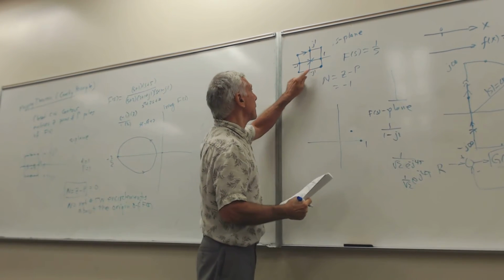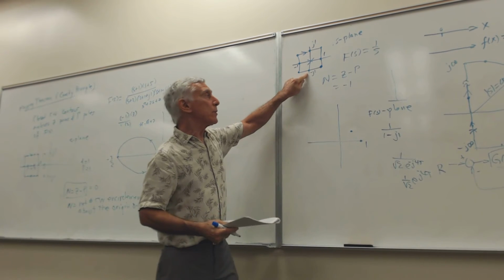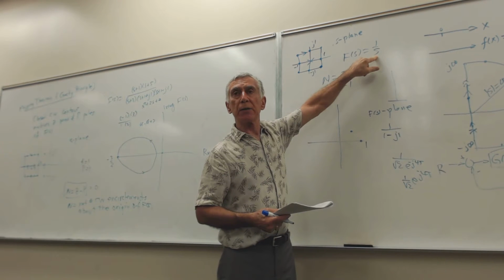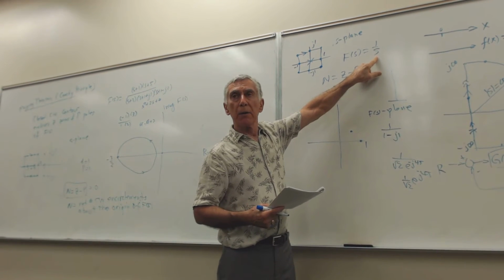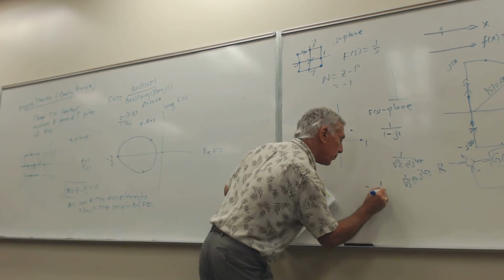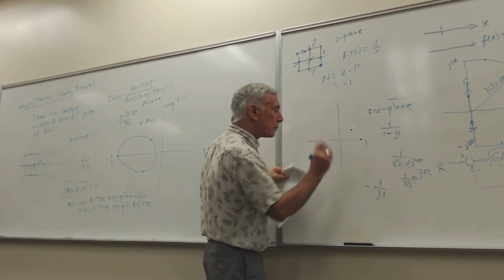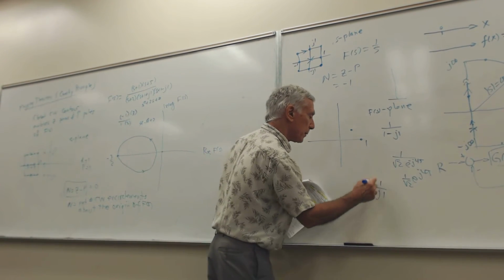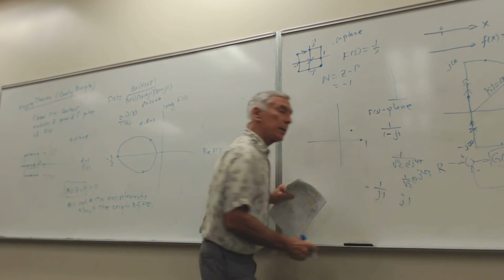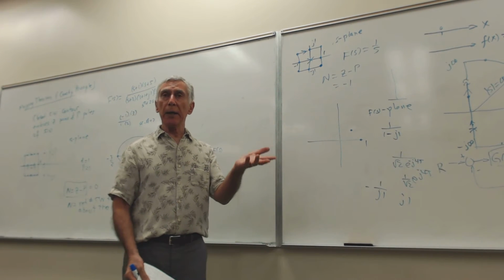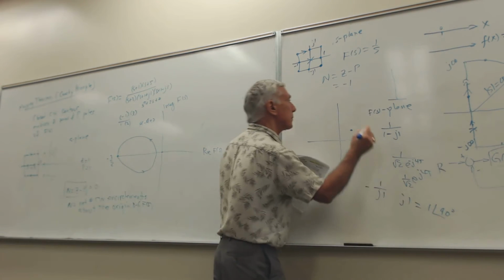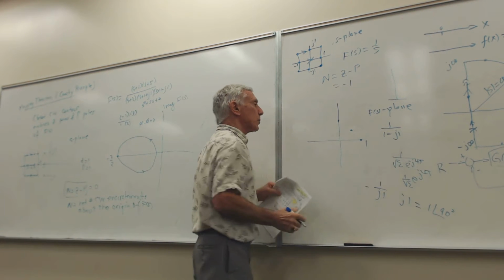And then we take this point, minus j1. What does that give in terms of magnitude and phase? 1 over minus j1. If you rationalize it, you can multiply top and bottom by j, and this becomes j1. That is the same as 1 angle 90 degrees, and so that's right here, j1.